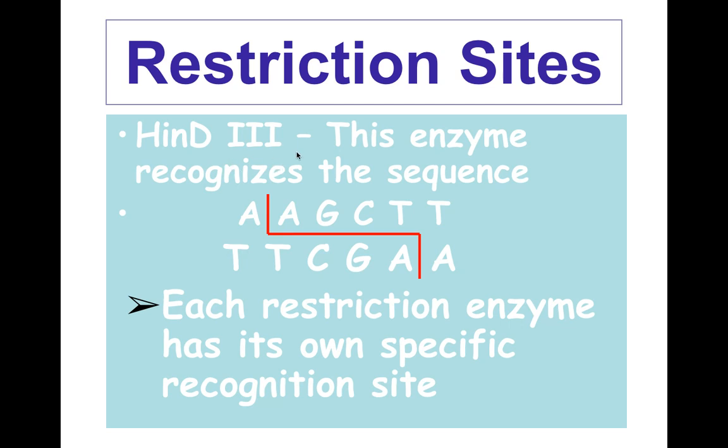So when this enzyme comes in, this is super important. Please make sure you make a note of this on your notes. It is only going to make vertical cuts here and then here. Okay, those vertical cuts are happening between adjacent nucleotides on the same strand of DNA.